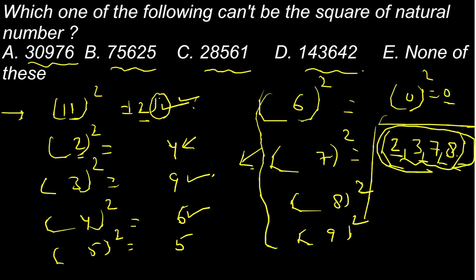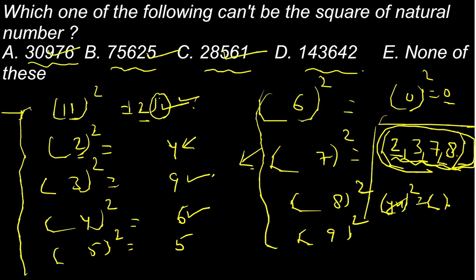So the unit place of a square is never going to be 2, 3, 7, 8. You can pause this and repeat it if you want to see, but this is important. So 6 can be an answer, 5 can be, 1 can be, but 2, this one, cannot be the square of any natural number. This is the important one, and you can use this in shortcut methods to find particular squares of a number. Okay.